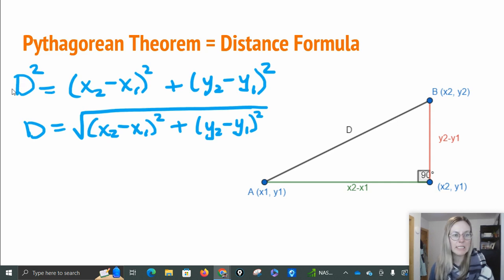I labeled it D. So hypotenuse squared is equal to side length A, which is x2 minus x1, that's our horizontal leg, squared, plus y2 minus y1, that's our vertical leg, squared. And then simplifying, we don't want to solve for d squared, we want to just find d. So to inverse that exponent of 2, we use the square root. And check that out. That is our distance formula.